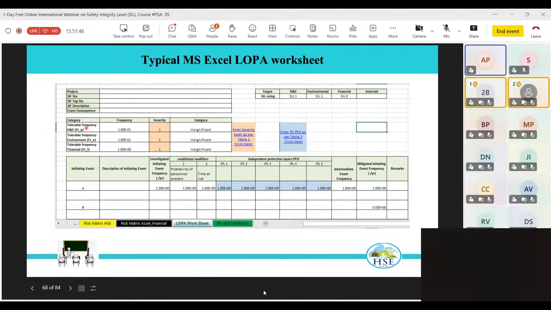Anything above that you are not going to tolerate. Ultimately, this tolerable frequency will come in the denominator, and the frequency you generate out of the various columns shown here will be the numerator. Finally, you will get the risk reduction factor based on this. This table is populated with CCPS guidelines; the terms of reference are CCPS guidelines.